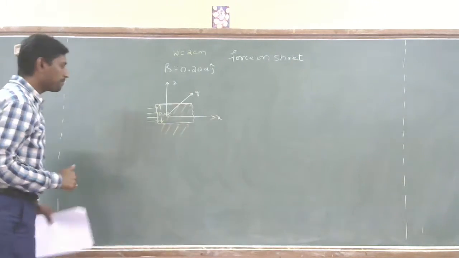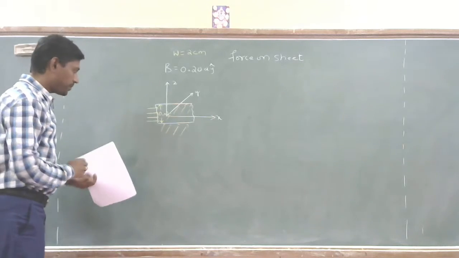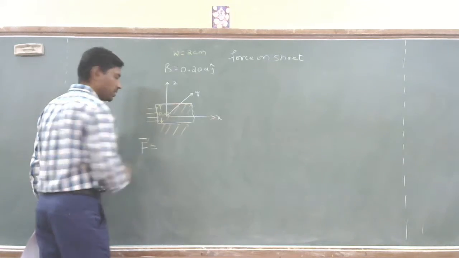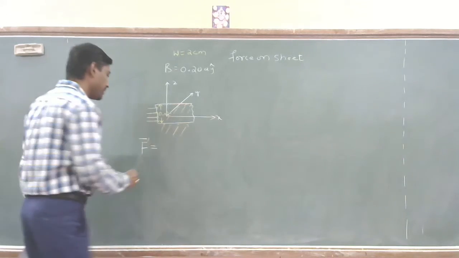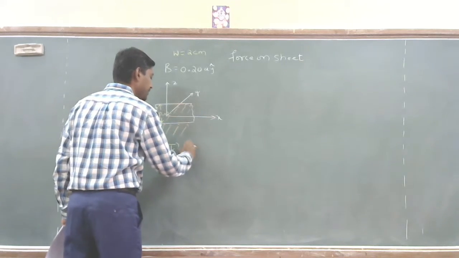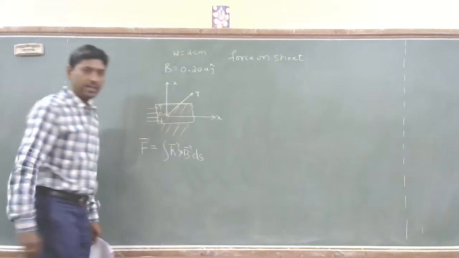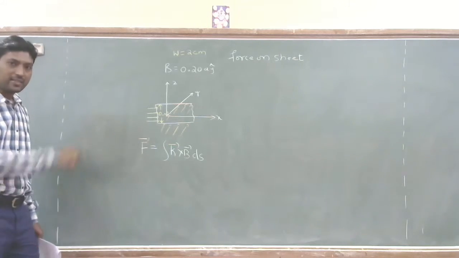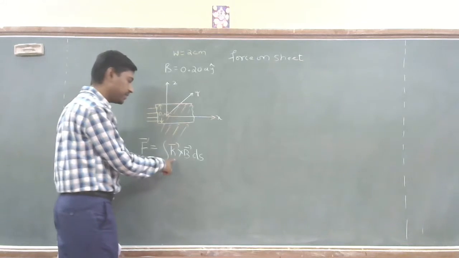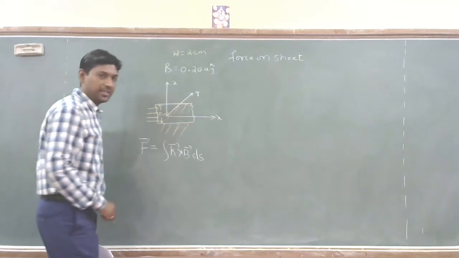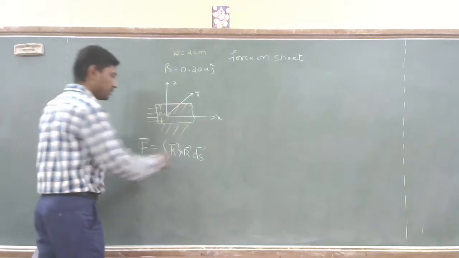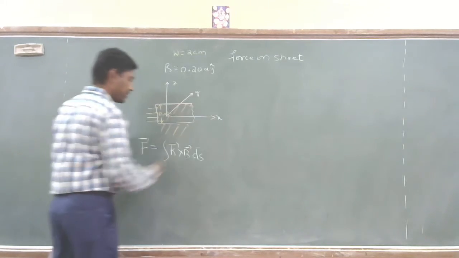So we know the expression for the force for a sheet current, and it is given by the integral of K cross B dS. As we have the force on the filament as I dL cross B, we have the expression for the force on the sheet current as K cross B dS.